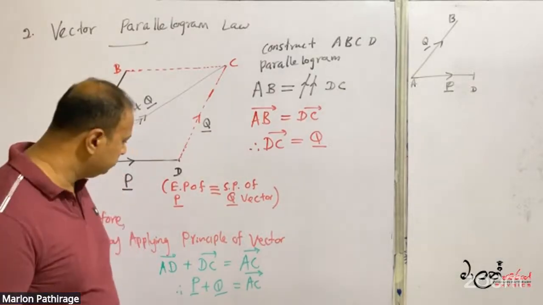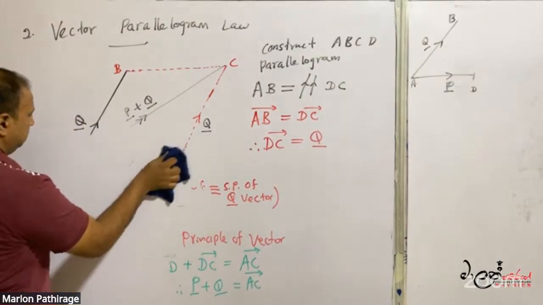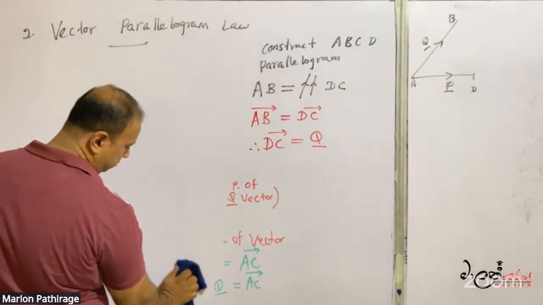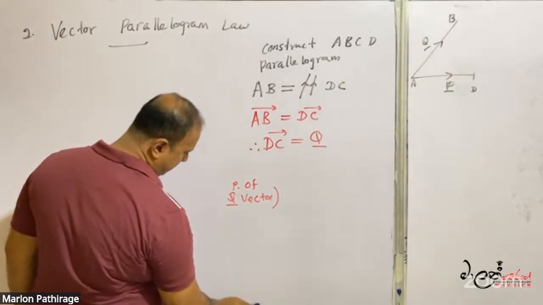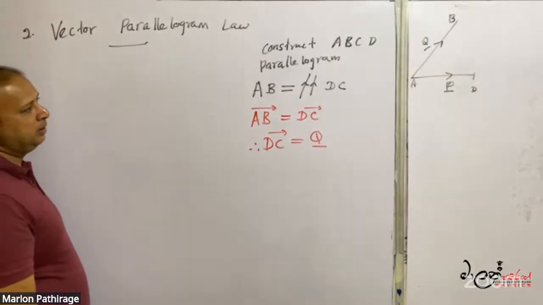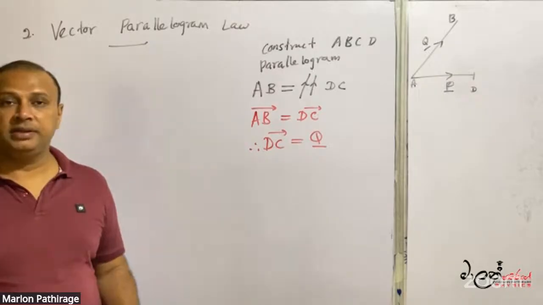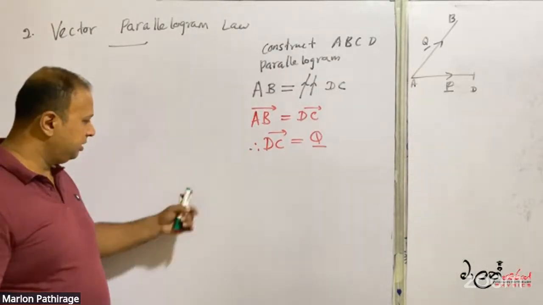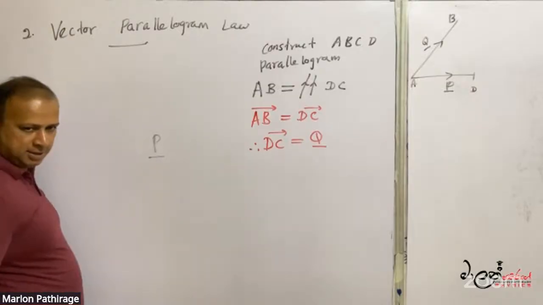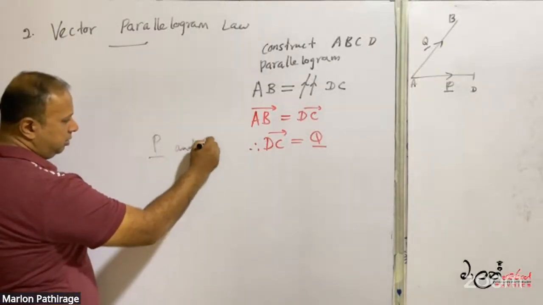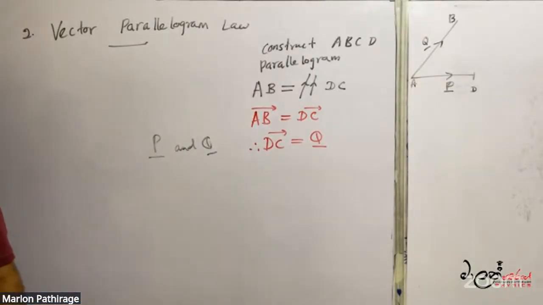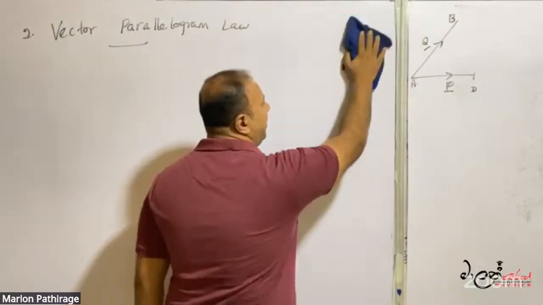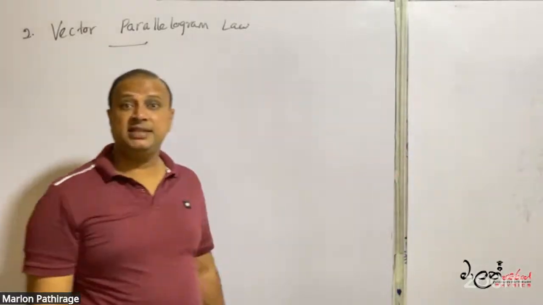Therefore, the addition of P vector and Q vector is given by the AC diagonal.